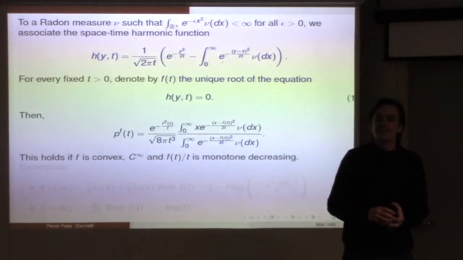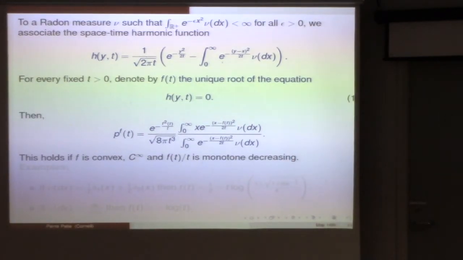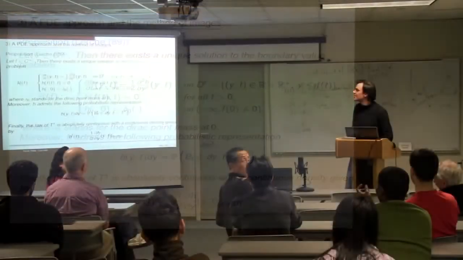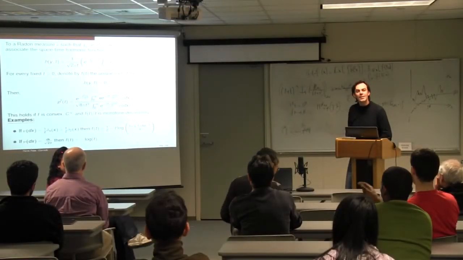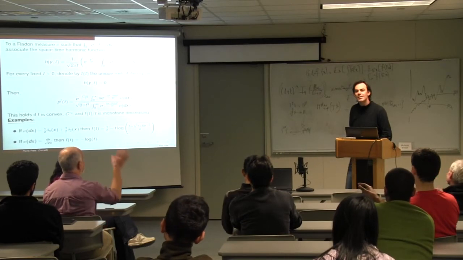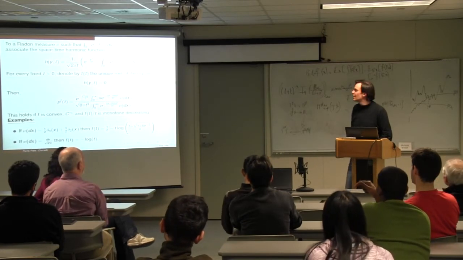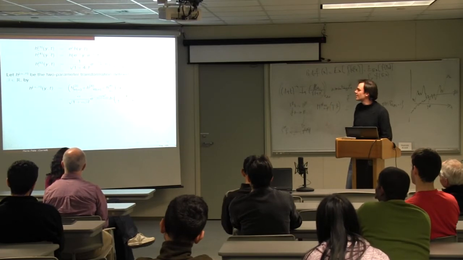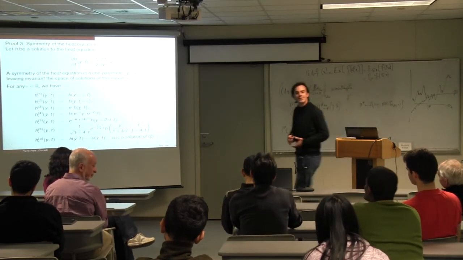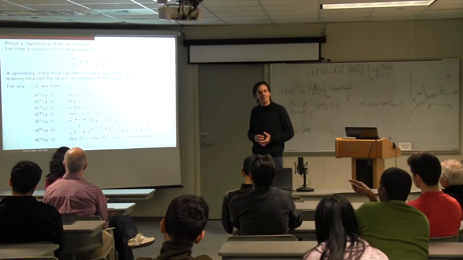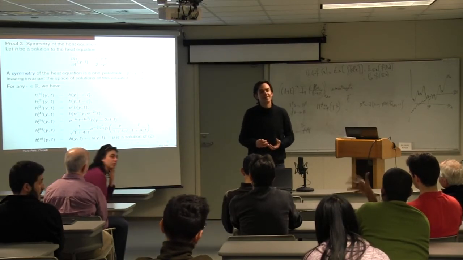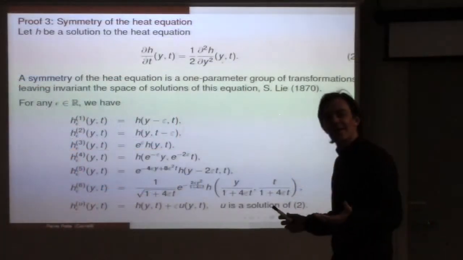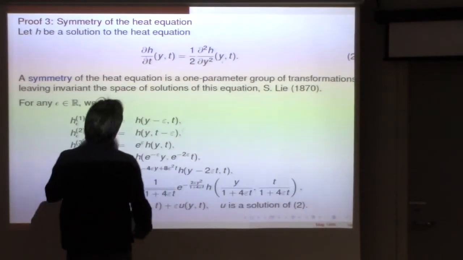Can you go back to Lie's list of transformations that preserve solutions of the equation? Which transformation? The one-parameter family of symmetries? Yes. Rotations should be there somewhere in this list, right? The solution of the heat equation is preserved by rotation. But we are in a one-dimensional situation here.